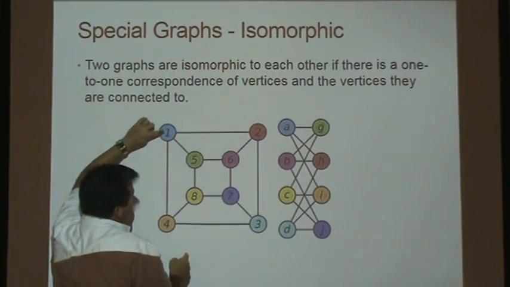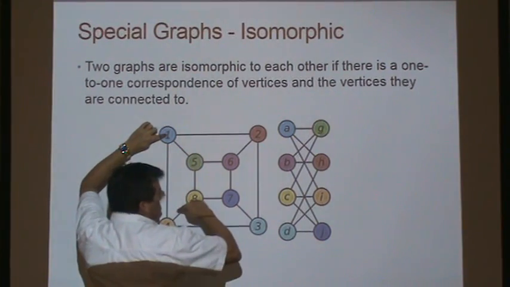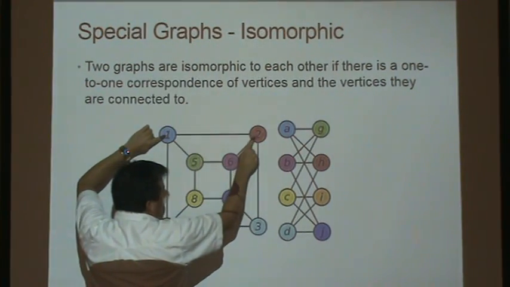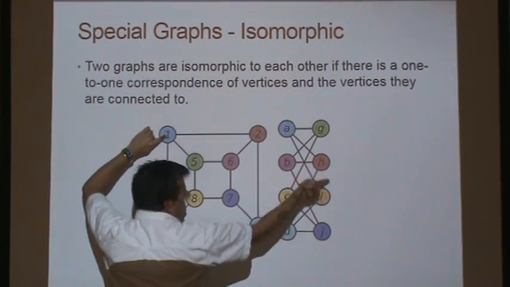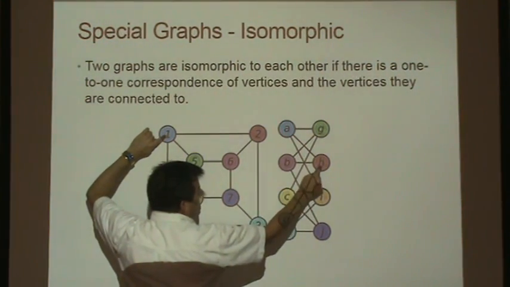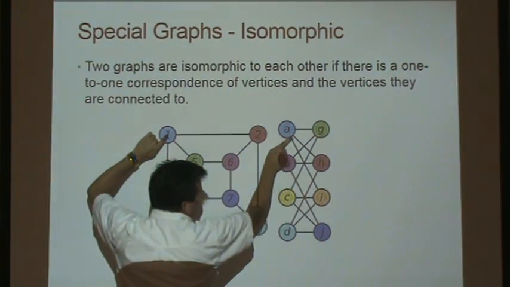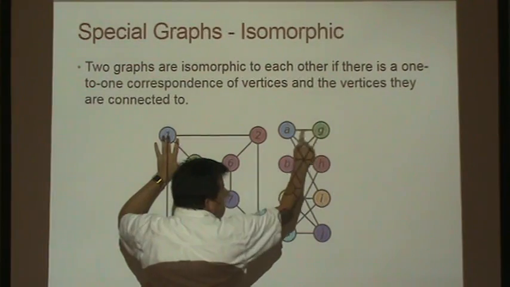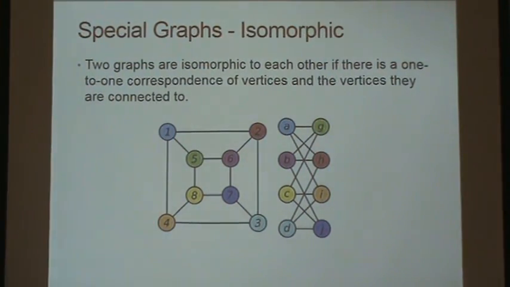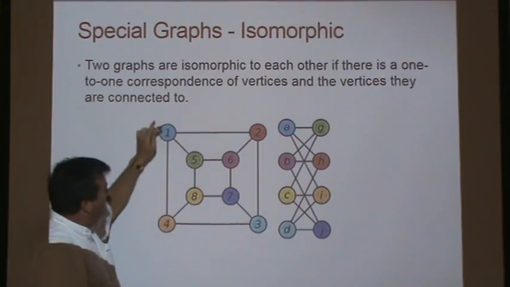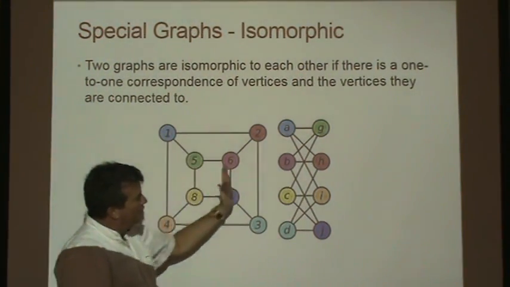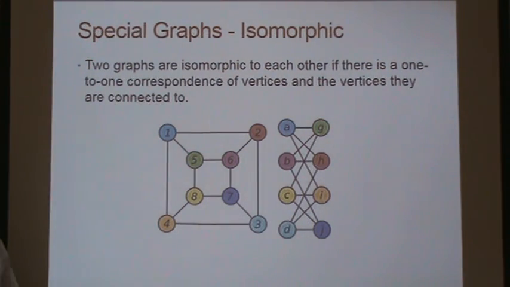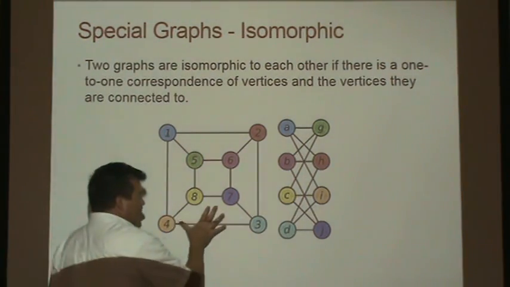For example, if I say vertex 1 in this graph maps to vertex A in this graph, now I have to make sure that vertex 1 is connected to what I'm mapping this vertex to in this graph, which would be vertex H. And then I have to make sure this one is connected to this one. In other words, you're checking that there's a match, that every single vertex here has a corresponding vertex here that is connected or not connected to every point so that they match exactly. Then we would say that this graph is isomorphic to this one.